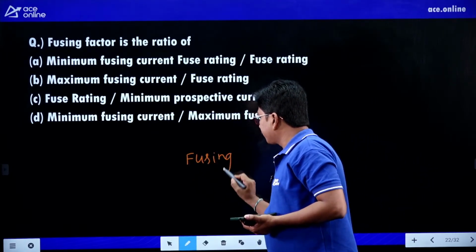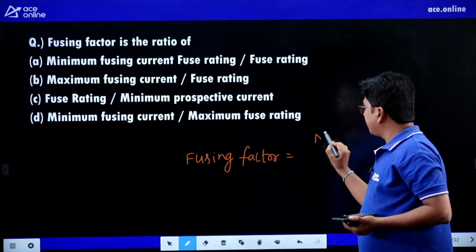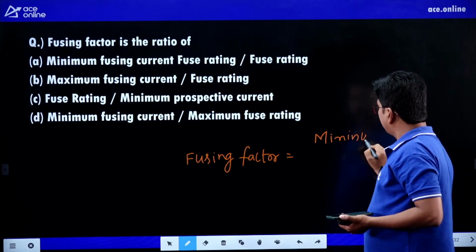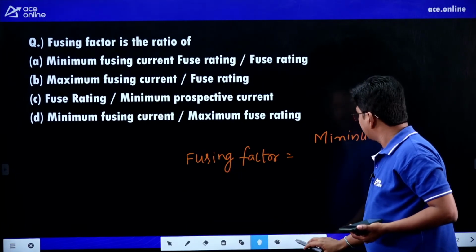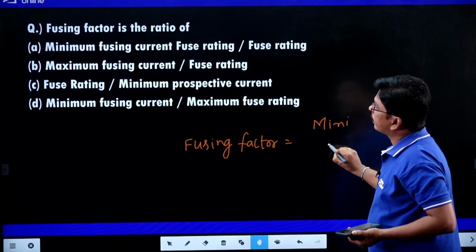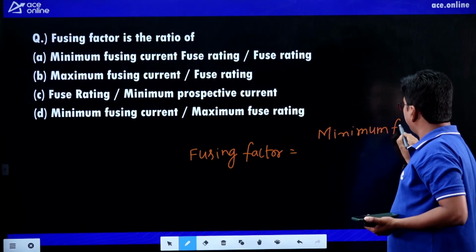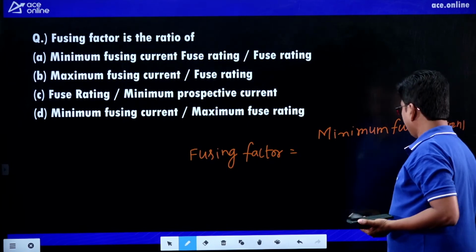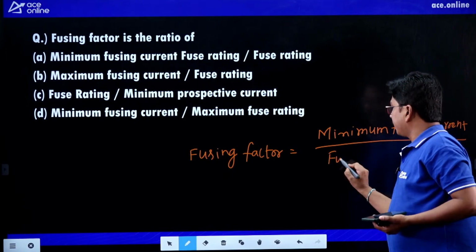Fusing factor is nothing but minimum fusing current divided by fuse current rating.